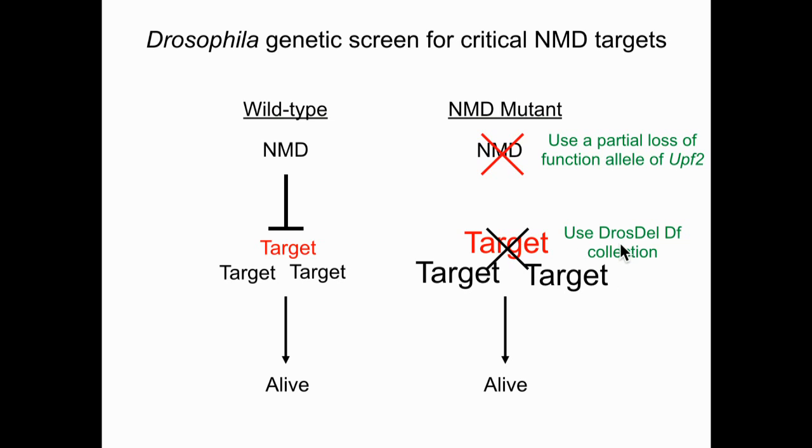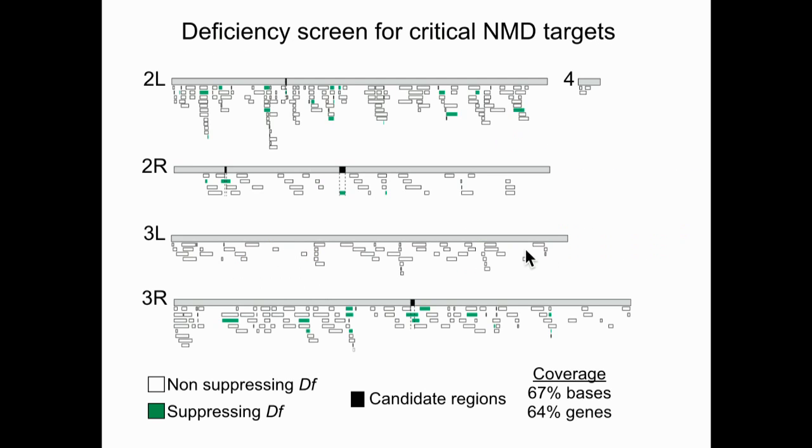What we're doing is reducing the targets by half, not by 100%, which means we could also identify targets that were in themselves vital genes. We screened about 450 deficiencies that covered the autosomes, representing about 67% of all bases and 64% of all genes.